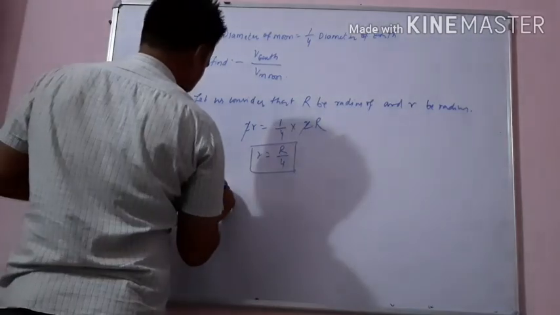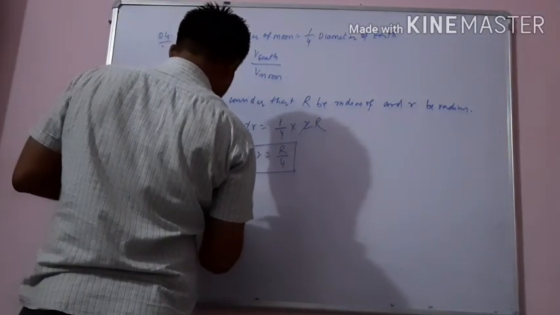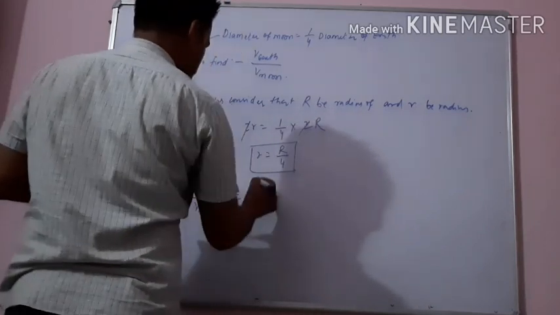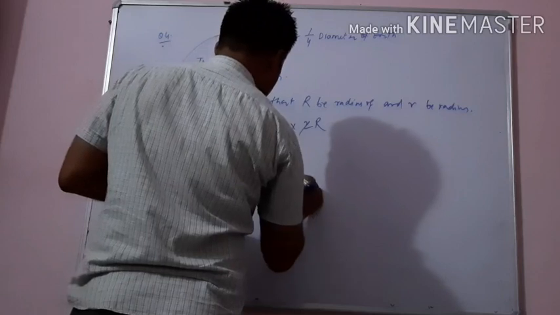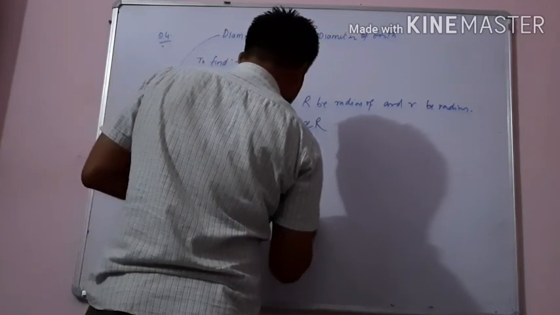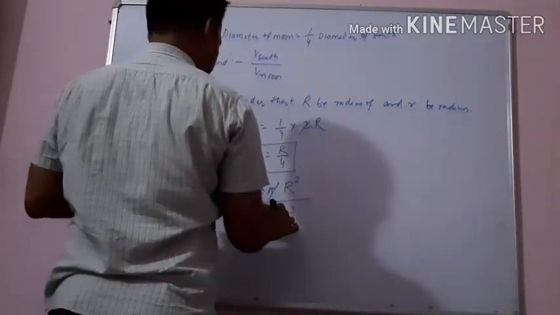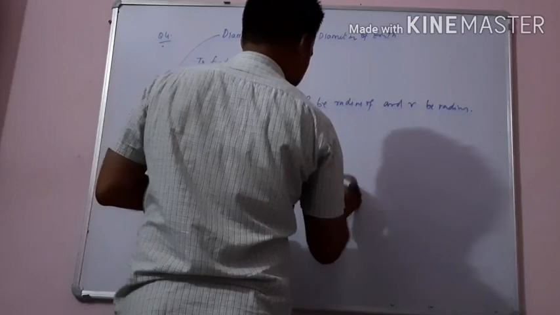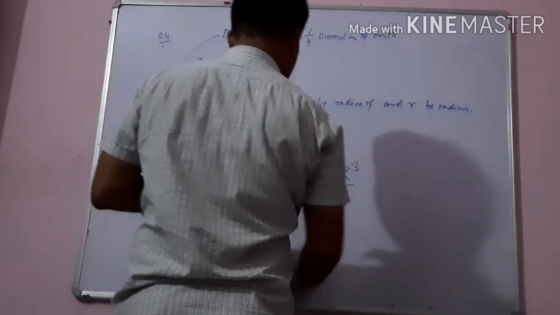Now V earth upon V moon will be equal to 4/3 pi R cube upon 4/3 pi small r cube. So 4/3 cancels, pi upon pi cancels. We have R cube upon small r cube.